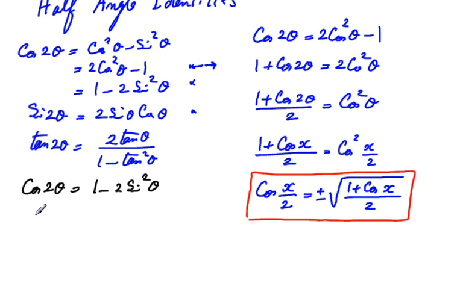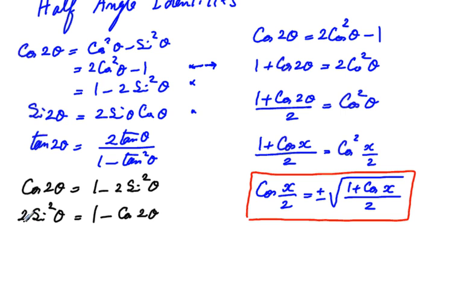Remember, when you cross an equation and you are added to one side, then the opposite side will be subtracted, and vice versa. So this minus 2 sine squared, when it comes to this side, becomes plus 2 sine squared of theta. Or as you say in high school, add 2 sine squared to both sides, and subtract cosine of 2 theta from both sides. Okay, so this is just a rearrangement of that.